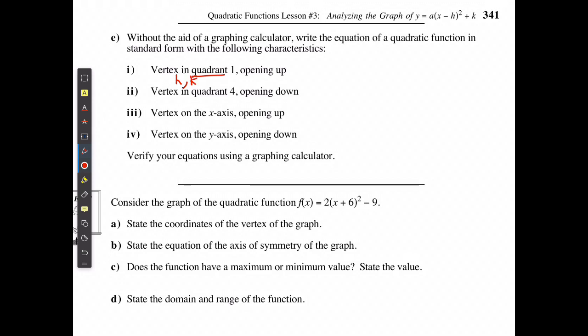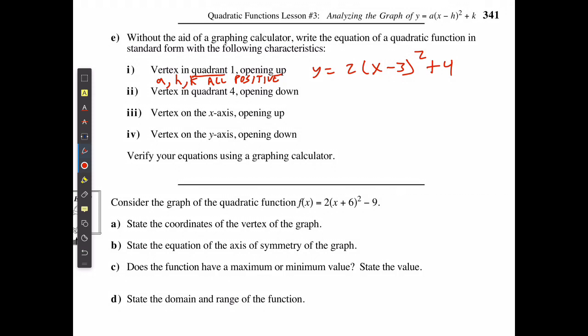And it opens up, which means that a also has to be positive. So, as long as I pick positive numbers, y is equal to 2 bracket x minus 3 squared plus 4, I know it's going to work.